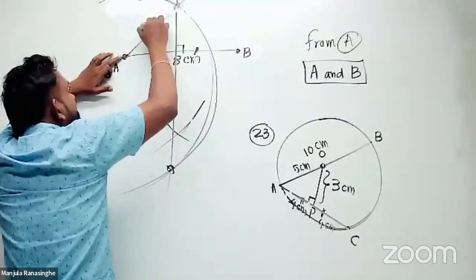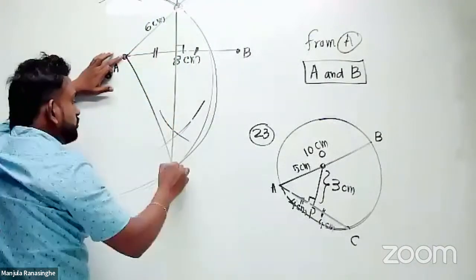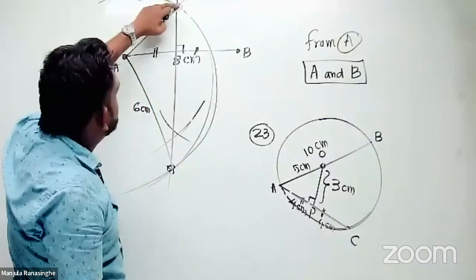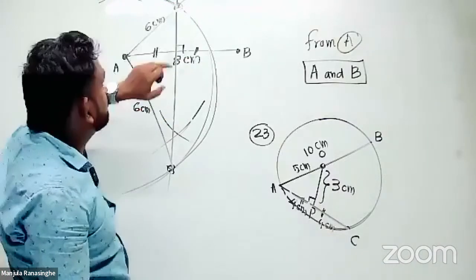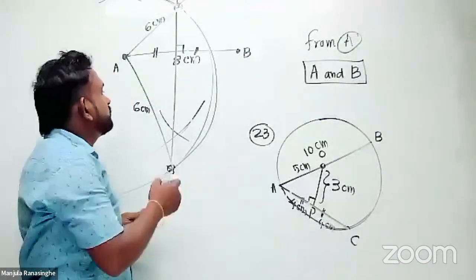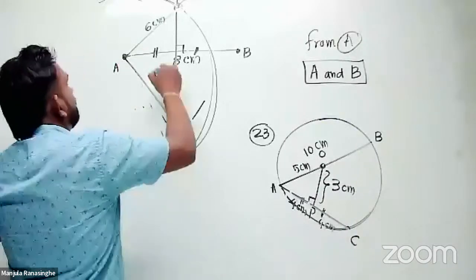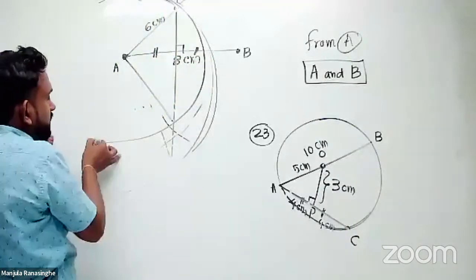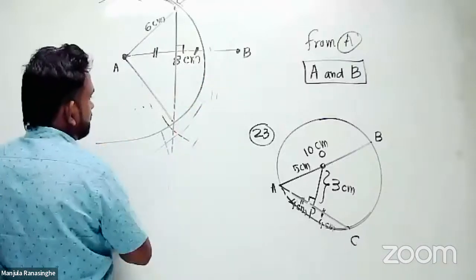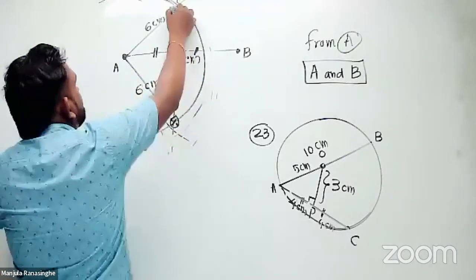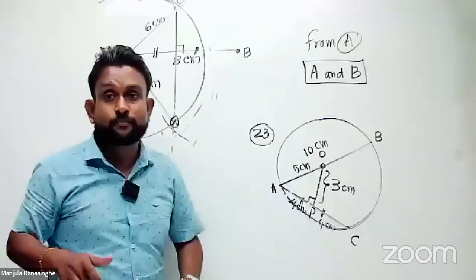Here you mark 6 centimeters, and here also 6 centimeters, the same distance. So these are the correct two points, 1 and 2. Okay, mark them.